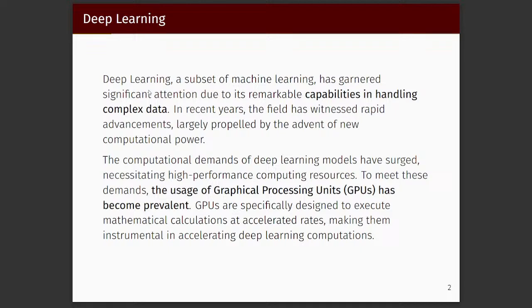Deep learning is basically a subset of machine learning, and why we shifted to deep learning instead of machine learning? Basically, because of the high computational power that deep learning takes, the use of GPUs and other things, we have shifted to deep learning from machine learning.